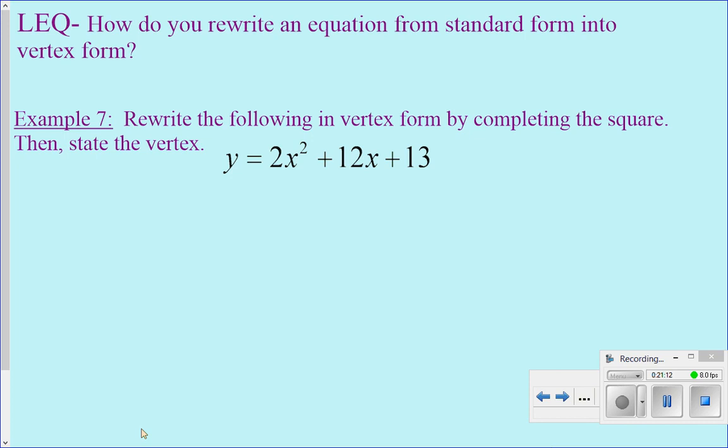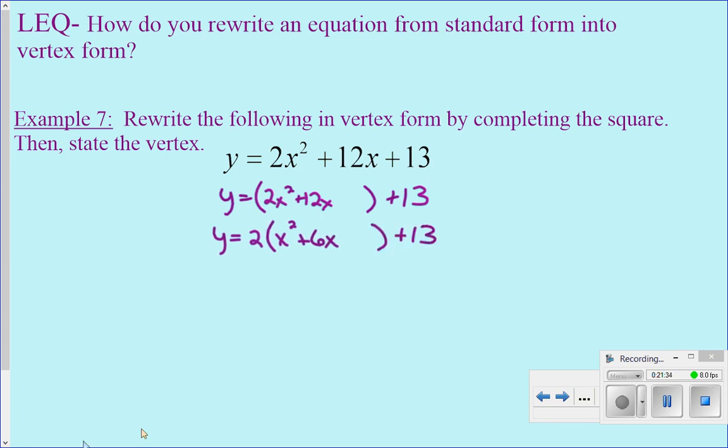We'll try one more today. So we'll start it the same way, grouping the 2x squared and the 12x, keeping the 13 out. I cannot complete the square because it's a 2x squared. So I'm going to factor out a 2. I'm left with 6x, 13 still hanging out on the end.